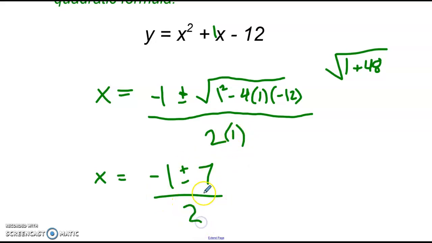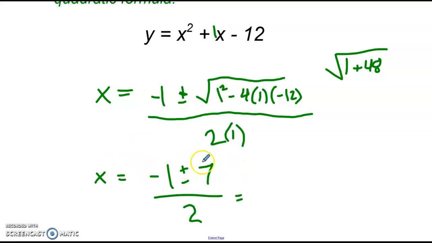Now, once you're here, you're essentially done. We have just 2 small steps left to get our answers. There are 2 problems we can solve here. We can get an answer when we add 7 to -1, and we're going to get a different x-intercept when we subtract 7 from -1. Because remember, this is -1 plus or minus 7. So let's do the addition one first.